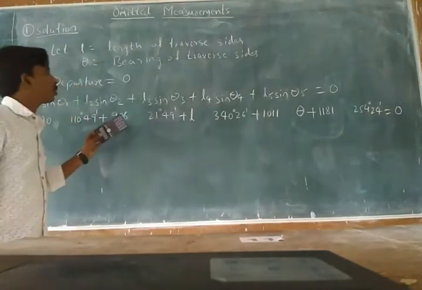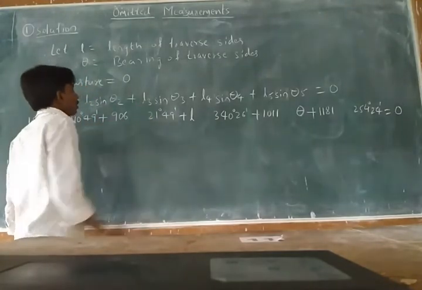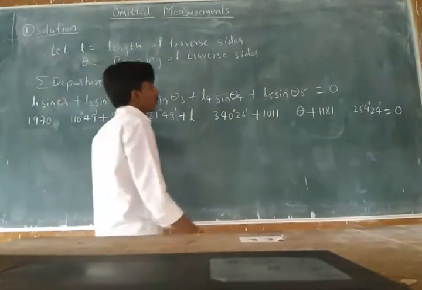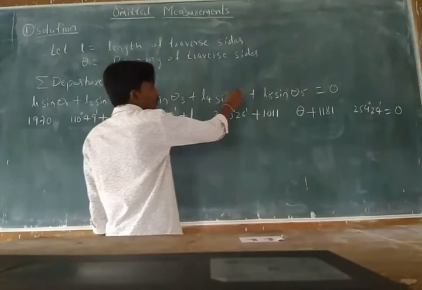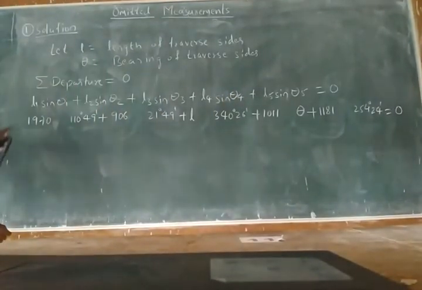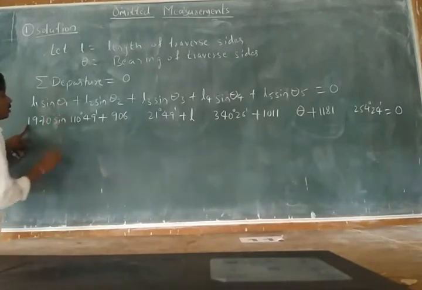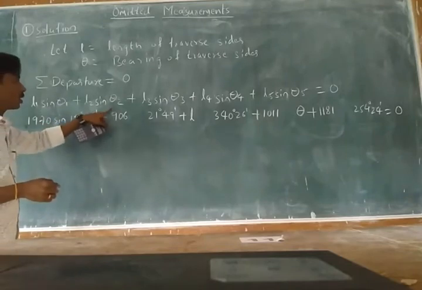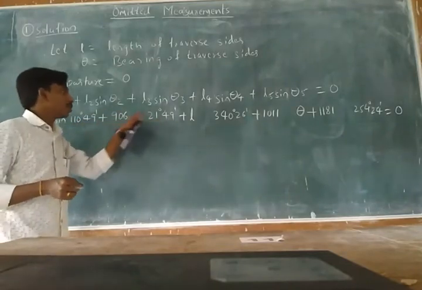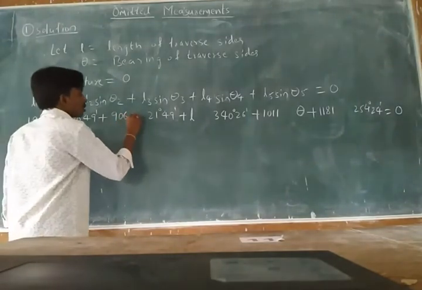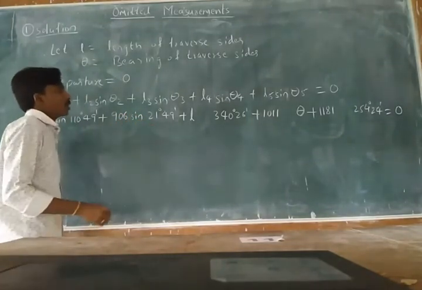Only we don't know the length of the third line, and we don't know the bearing of the fourth line, that is DE. So length of first line is 1970, so 1970 sin 110 degrees 49 minutes. L2 is 906 and theta 2 is 21 degrees 49 minutes. So let's write L2 sin theta 2 as 906 sin 21 degrees 49 minutes.